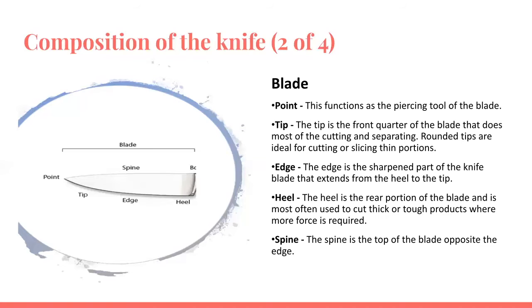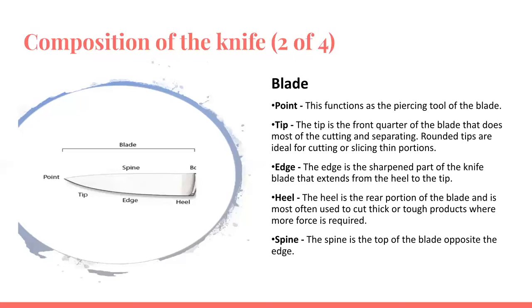So with the tip, I can make a final adjustment more than with the edge. The next is edge. The edge is the sharpened part of a knife blade that extends from the heel to the tip. I use the edge mainly for mincing or chopping ingredients.